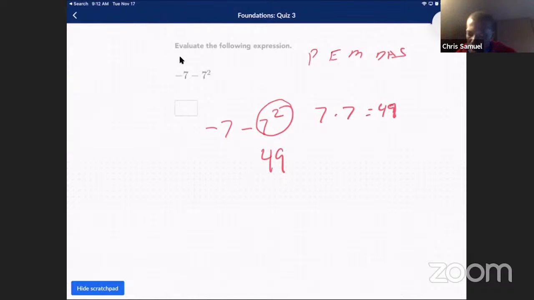Which is interesting. All right, let me just see something. Because this is not necessarily a positive. If this was in here like that, we would get a positive 49, but it's not. So now we use this where it says negative 7 times 7, which would be negative 49.